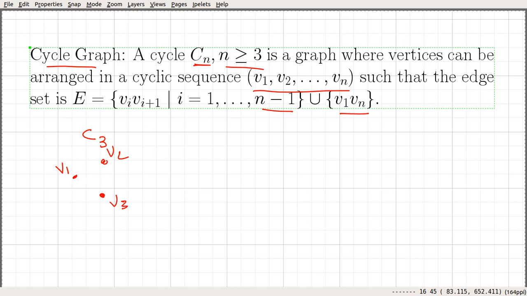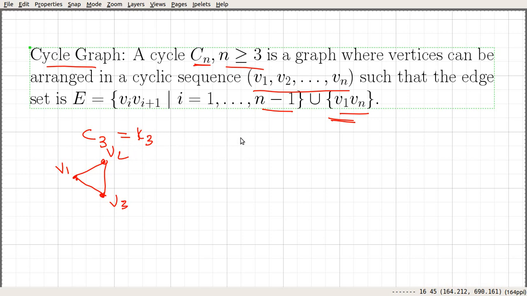So there will be an edge between v1 and v2, v2 and v3, and v1 and v3. Here {v1, v3} corresponds to this set {v1, vn}. So this is how C3 looks. Here again you can see that it is equal to K3, a complete graph on three vertices.